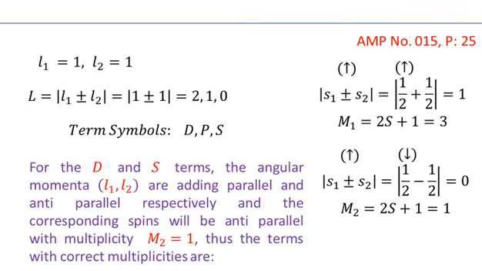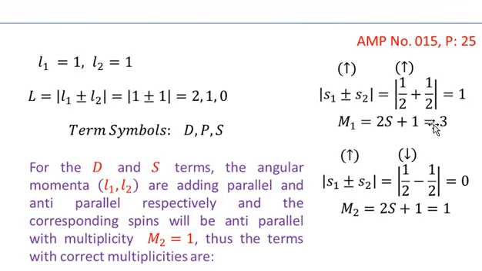Then they have parallel spins, and for that I can write the modulus of s1 plus s2 is equal to the modulus of half plus half. I have used the plus sign here because I am assuming that both spins are parallel to each other, and the total value becomes equal to 1.